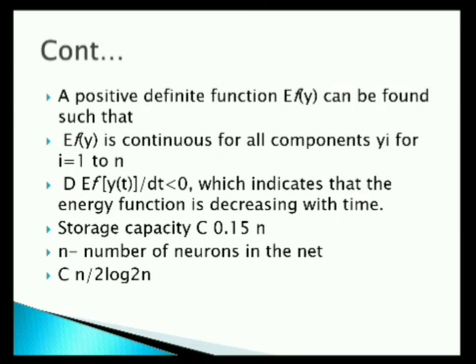A positive definite function E(y) can be found such that E(y) is continuous for all components yi for i equal to 1 to n. This equation indicates that the energy function is decreasing with time. The storage capacity C is equal to 0.15 n, where n is the number of neurons in the net.